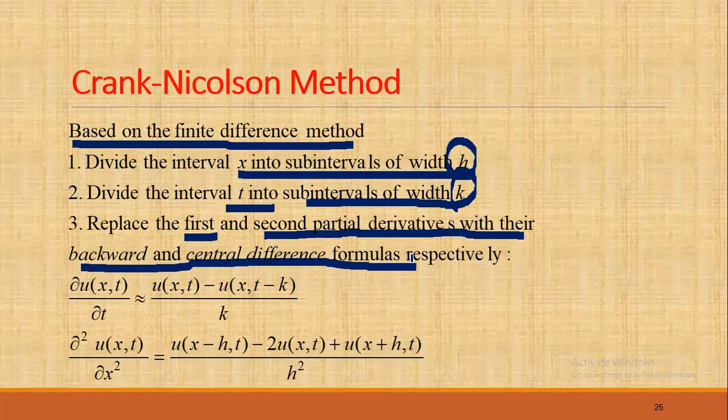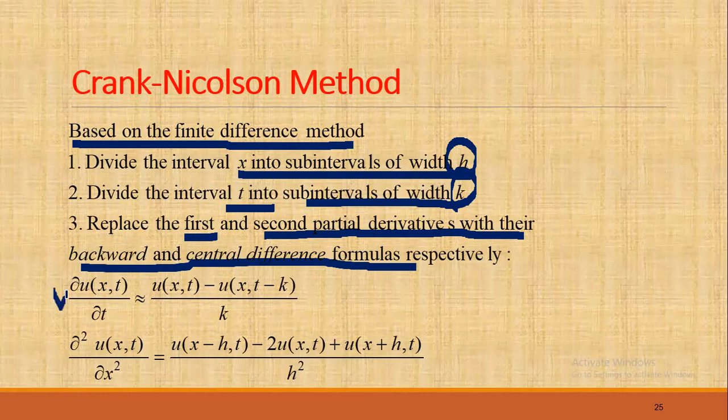That means in an explicit method, we use forward time, central space. But in Crank-Nicholson, we use backward time, central space.